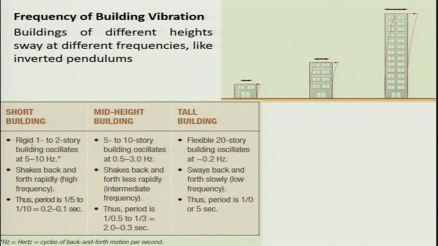Buildings of 1 or 2 stories oscillate at 5 to 10 hertz, shaking back and forth rapidly with a high frequency. The sway period is around 0.2 second to 1 second, whereas for mid height buildings this will be higher, and for taller buildings it will be comparatively higher still.